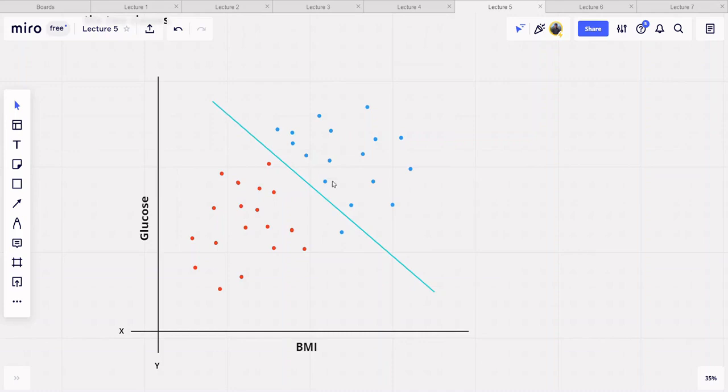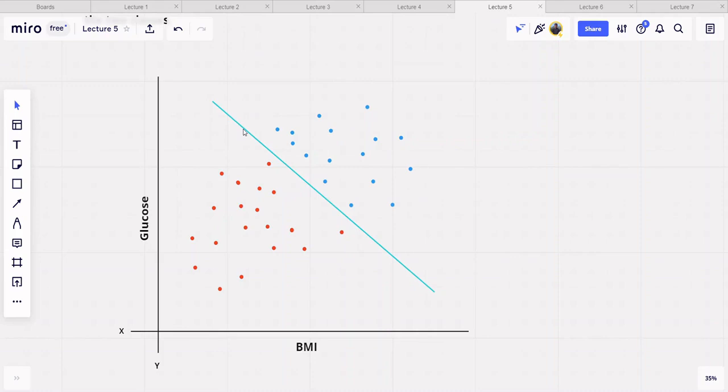Once this optimal line is found, it sets a threshold boundary here, and whatever values belong below this line will belong to one particular class, and all the data that belongs above this line will belong to another class.